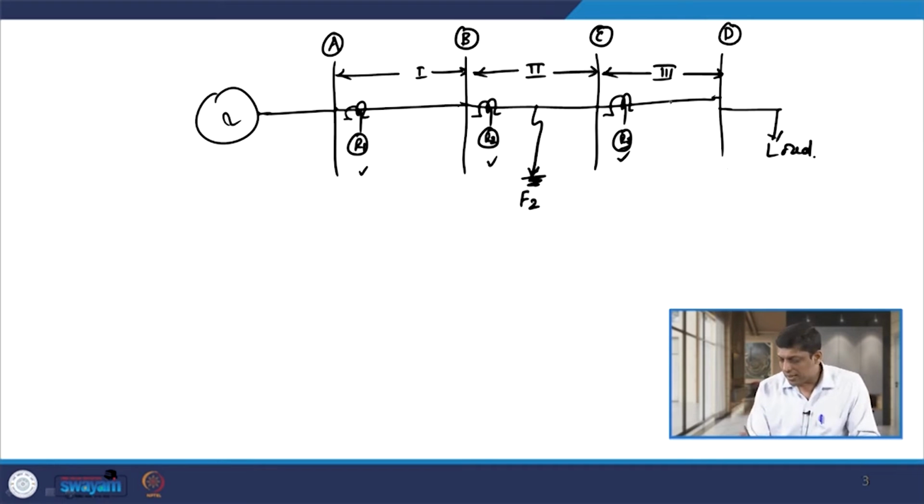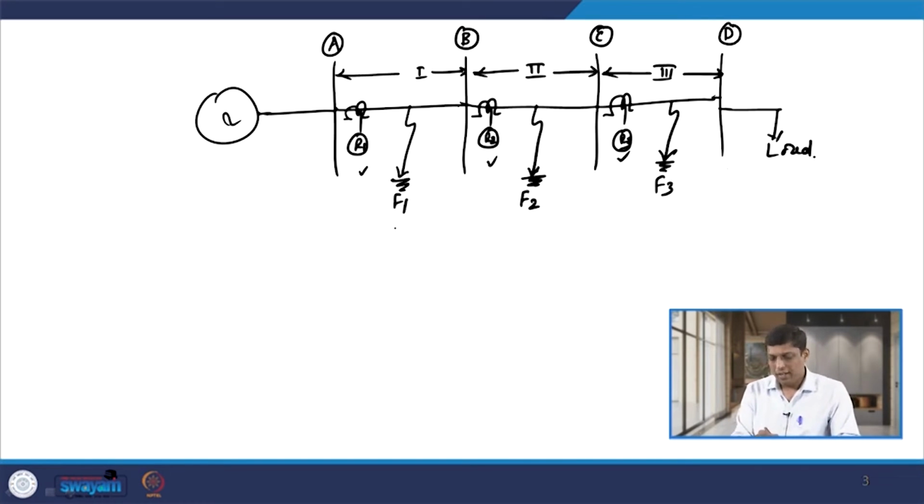If any fault occurs in section 3, say F3, then relay R3 has to operate as the primary relay, and the other 2 relays R1 and R2 do not operate. In the same way, if any fault occurs in line section 1, say F1, then relay R1 has to operate, and the other 2 relays R2 and R3 should not operate, because if they operate, that is against the requirement of the selectivity criteria of the protection system.